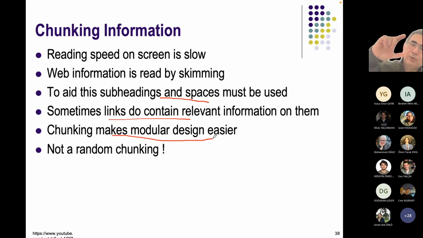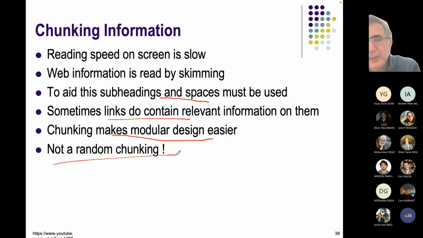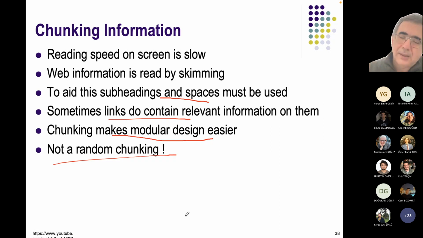Dividing a big text into multiple smaller parts helps to assimilate better. However, random chunking is not suggested. So just dividing the content into different paragraphs is not helpful. It has to be meaningful chunks. So content must be rewritten and shortened a little bit. Again, 25%.